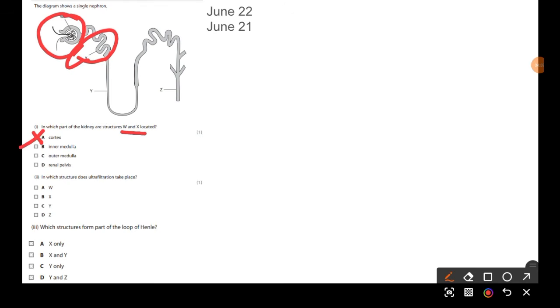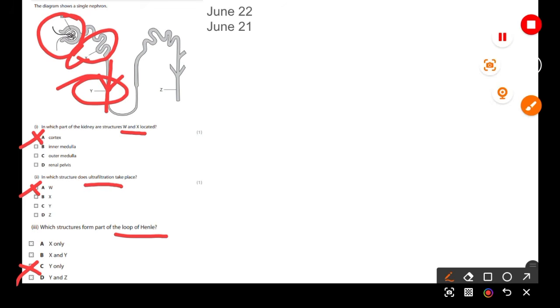In which structure does ultrafiltration take place? In W, because it's the glomerulus. Which structures form part of the loop of Henle? So Y only. This is the descending limb because it's going downward. And we are done with 7C.